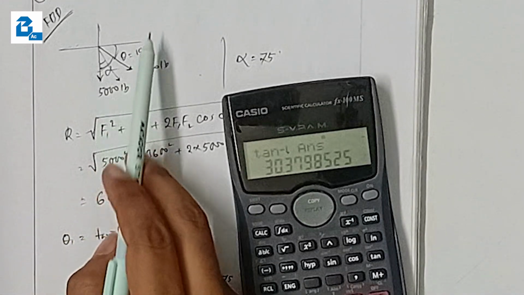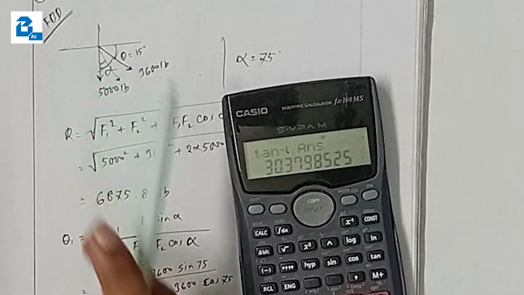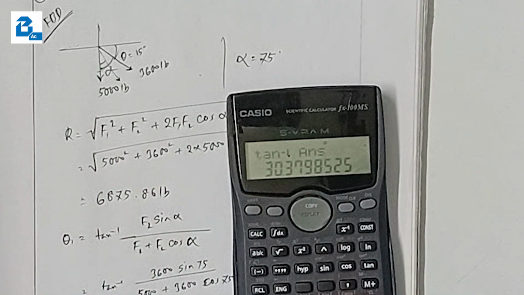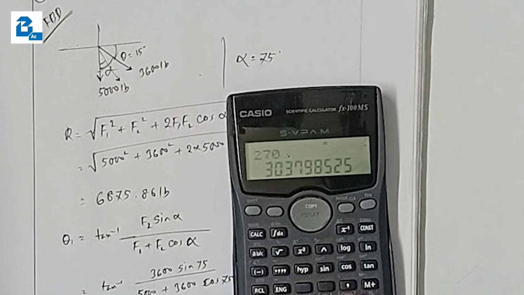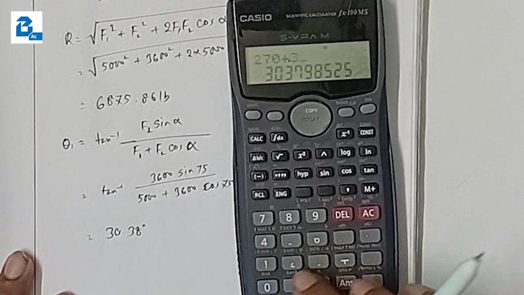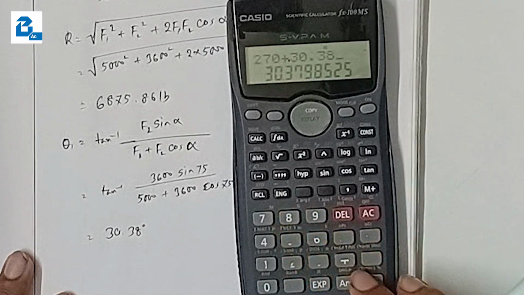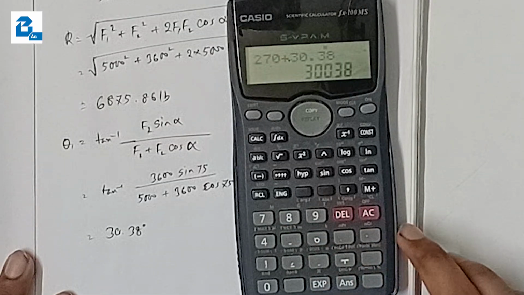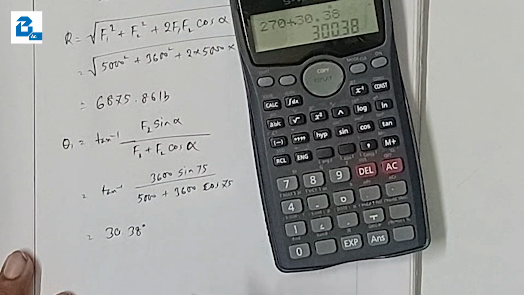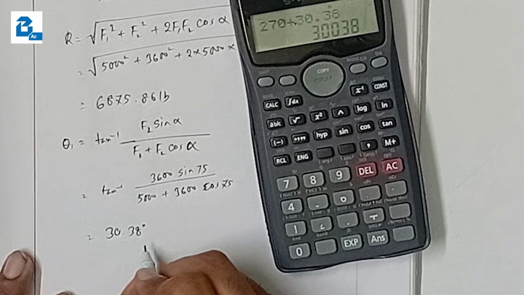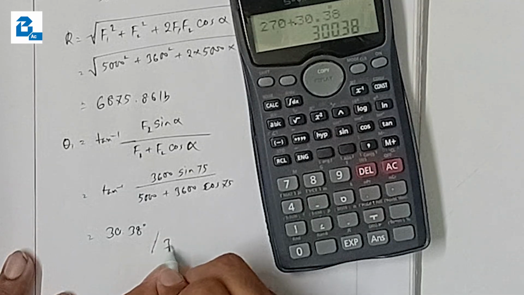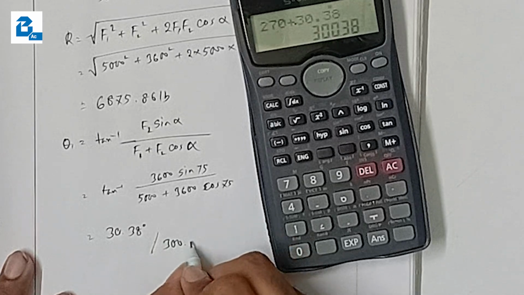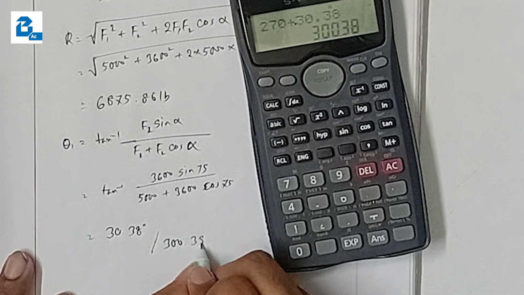And if we think from the first quadrant, then we will have to add it with the 270 degree, 270 degree plus 30.38 degree. So it would be 300.38 degree.